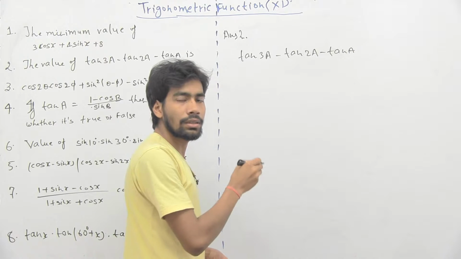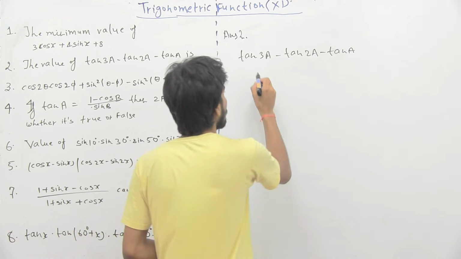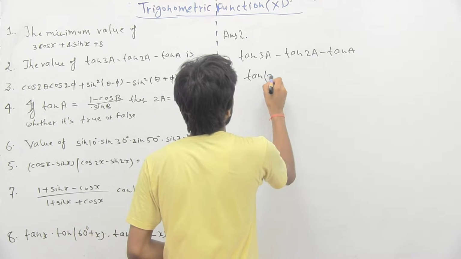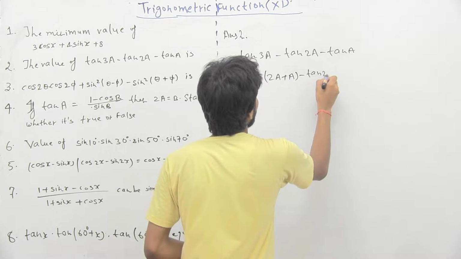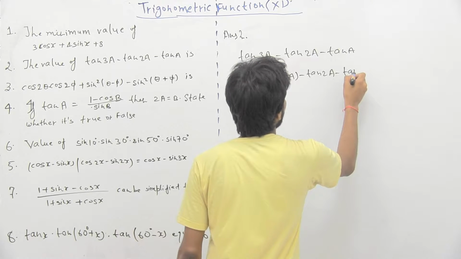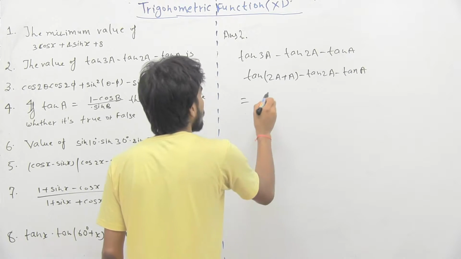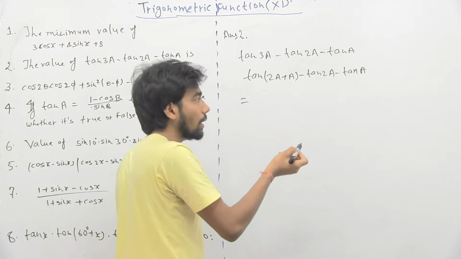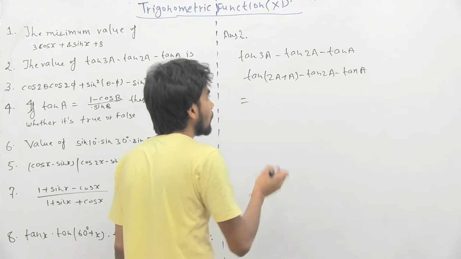Now let's break tan 3a equal to tan 2a plus a. Now we can write tan 2a plus a equal to tan 2a plus tan a divided by 1 minus tan 2a into tan a.